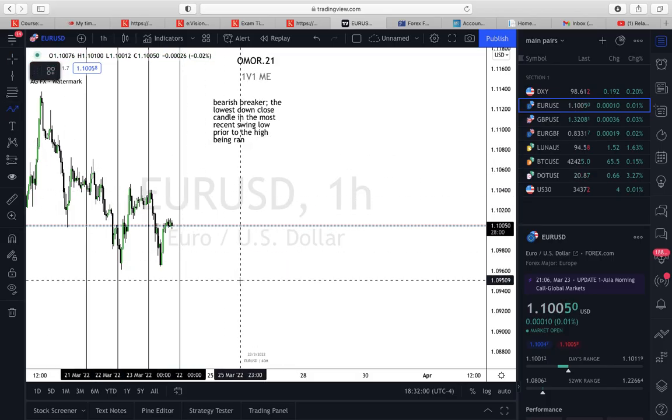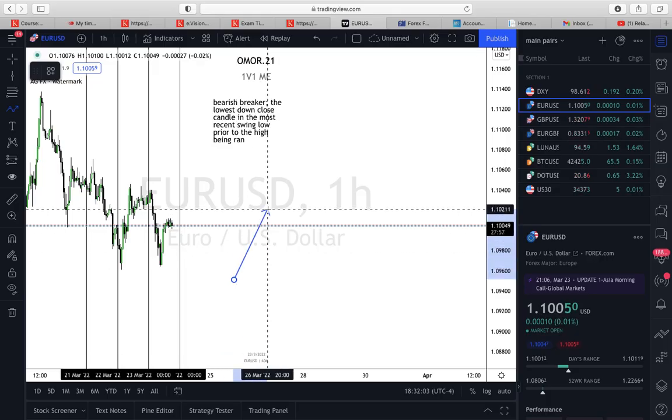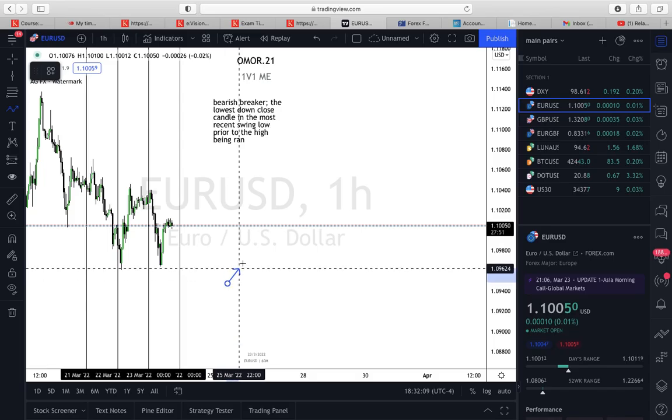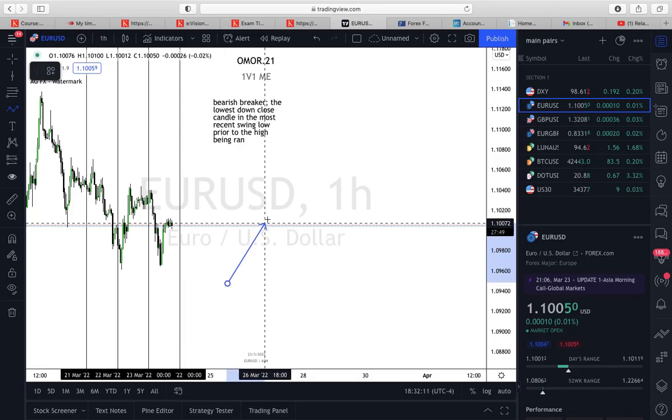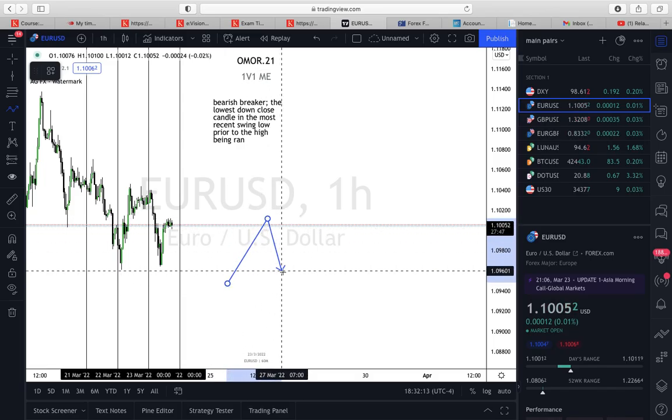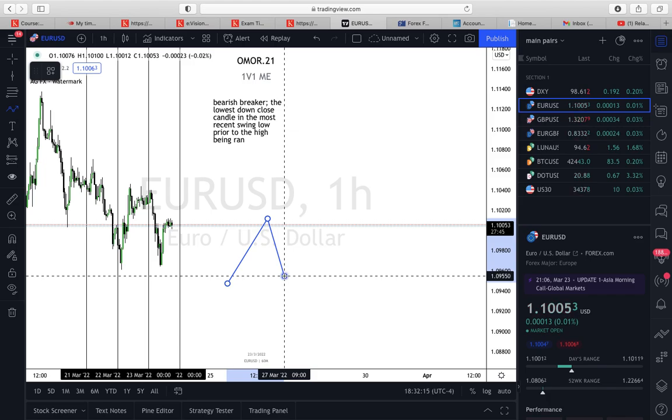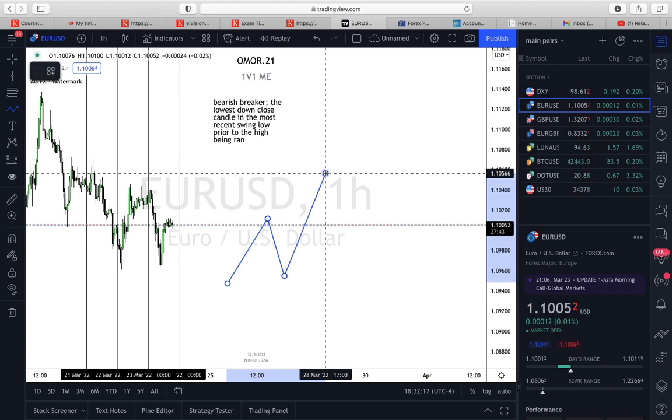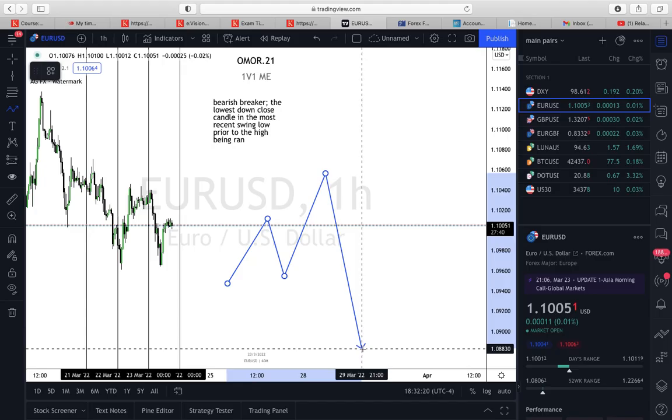Yeah, a breaker looks like this. So let's talk about a bearish breaker first. You have a market and it's moving higher, retraces down. Yeah, it makes a higher high and then it makes a lower low.